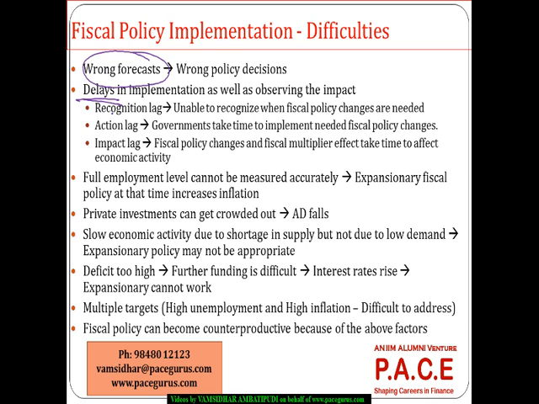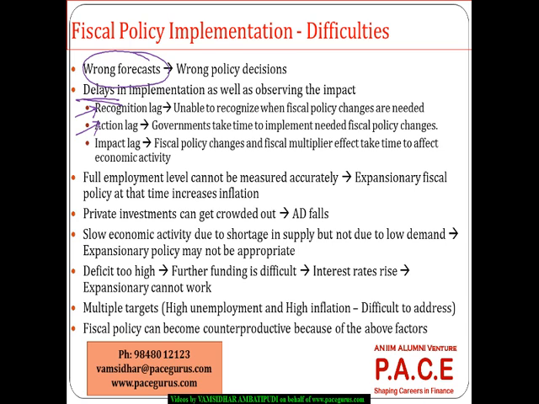The outcome of the fiscal policy takes quite a significant amount of time to be observed. So overall, we see first, recognition lag: policy makers have a problem understanding when a fiscal policy change needs to be implemented. Once they have recognized it, action takes some time because they have to vote, hold meetings, and plan.